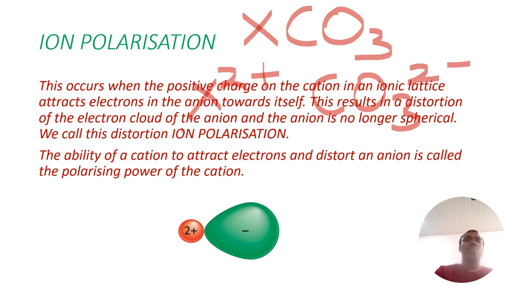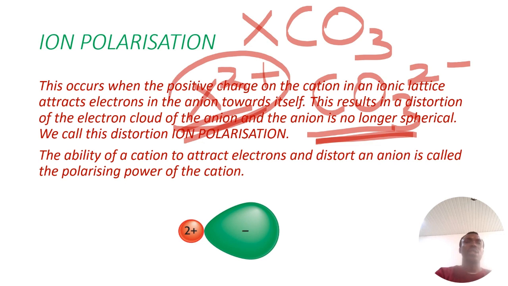This is the positively charged ion, I just use X to represent it, and this is a carbonate, a negatively charged ion, which is a compound ion, a radical, a group of atoms with charges, or we call it a complex ion.